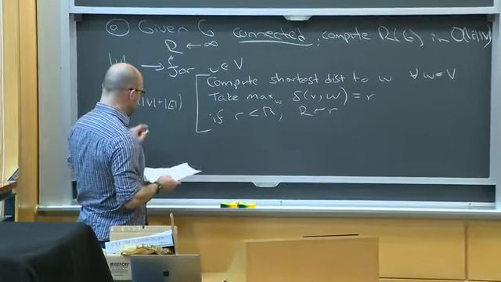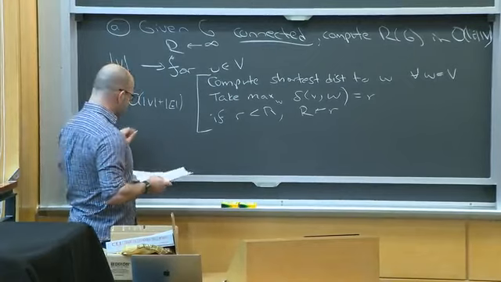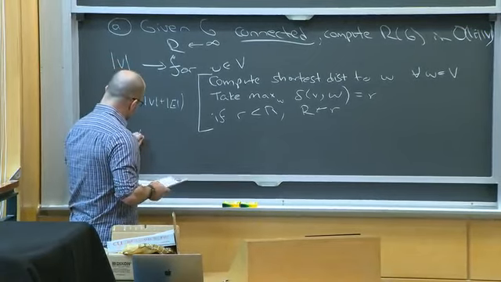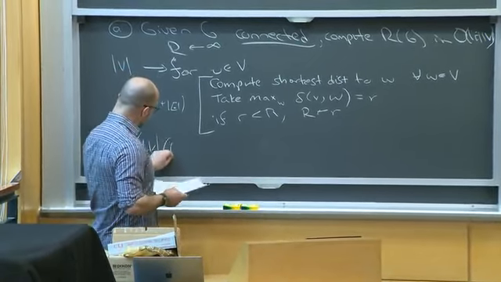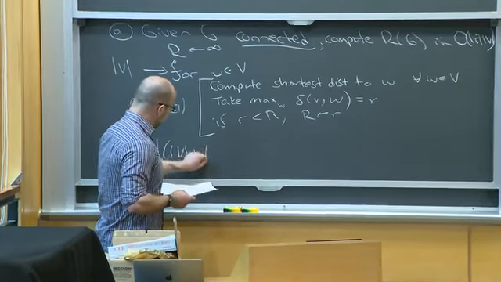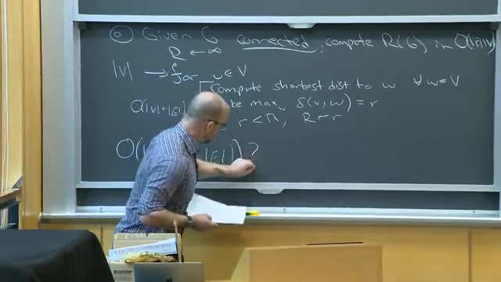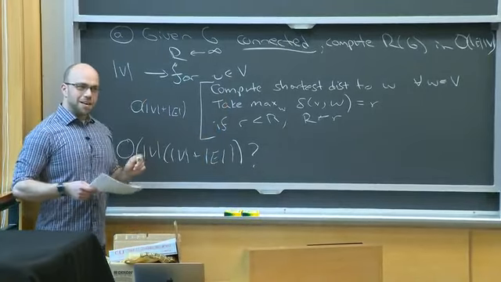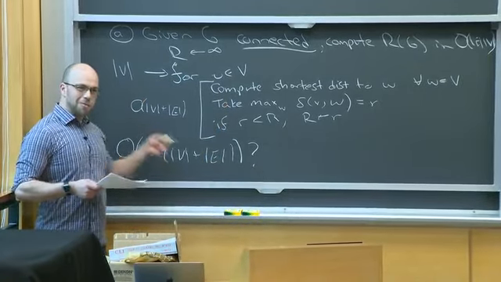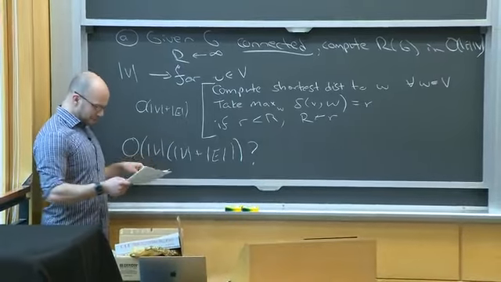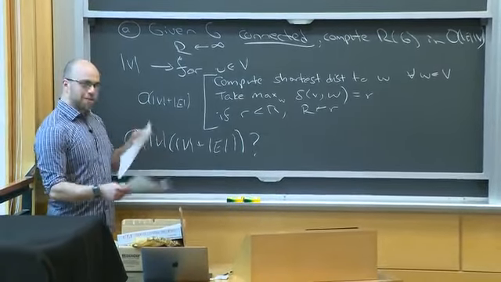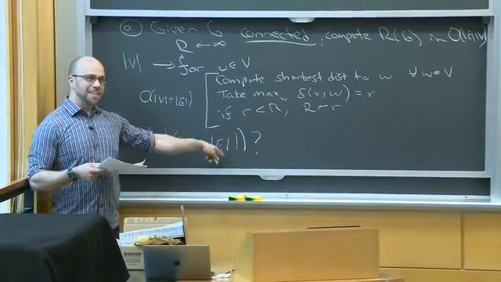So the question is, if I multiply these things together, what do I get? I get O of V times (V plus E) time. But that's not the time that my homework problem wanted, right? Because the homework problem asked you to solve this in just |V| times |E| time.